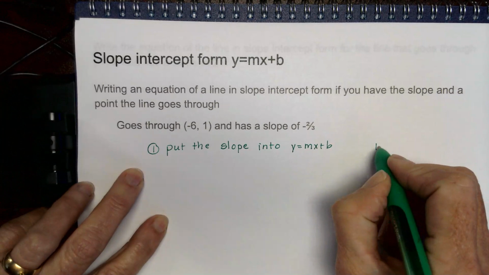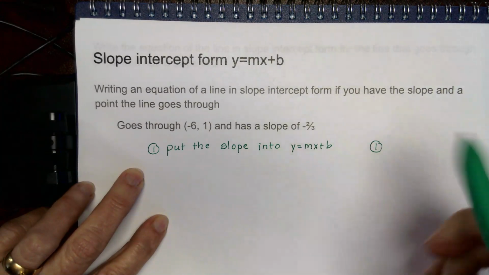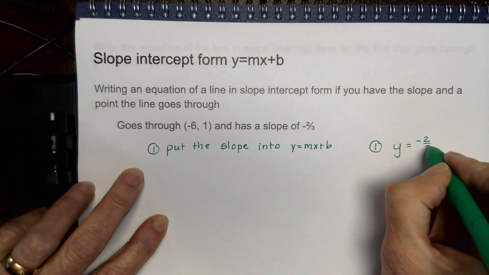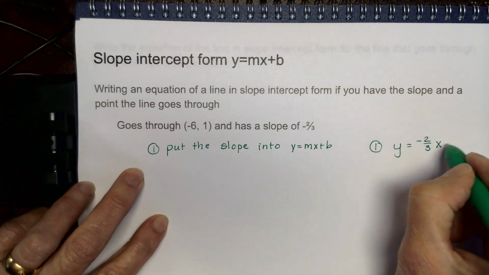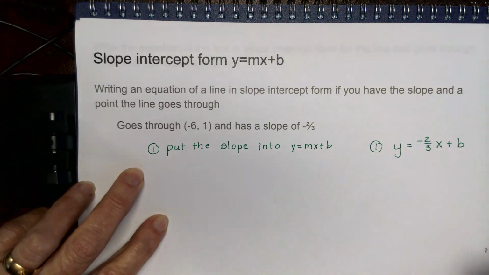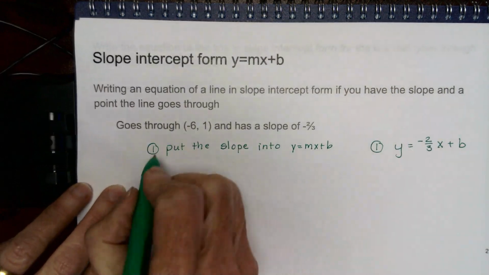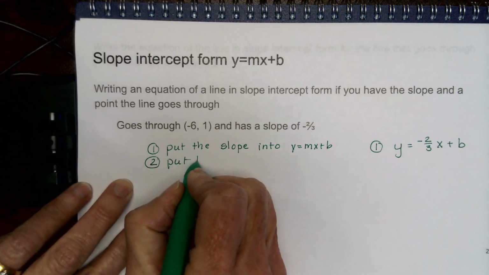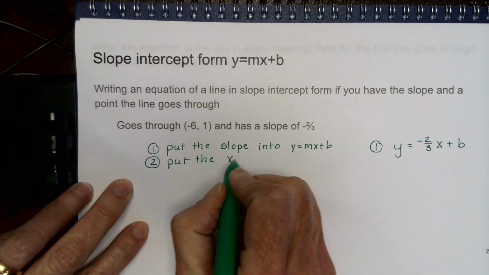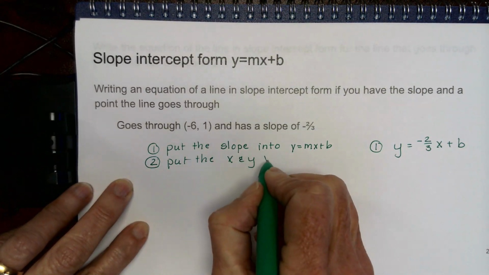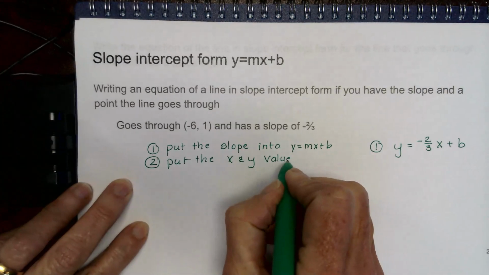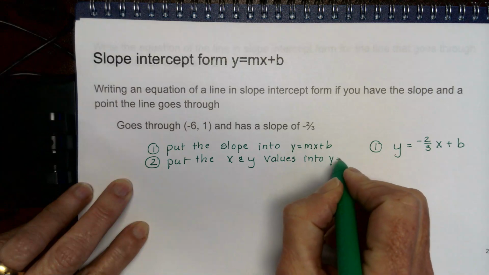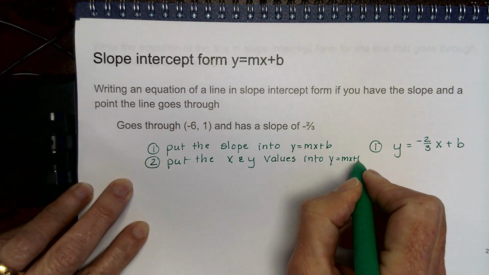The slope here is -2/3, so I substitute -2/3 in for my m in my slope-intercept form. Second, I put the x and y values into y equals mx plus b.